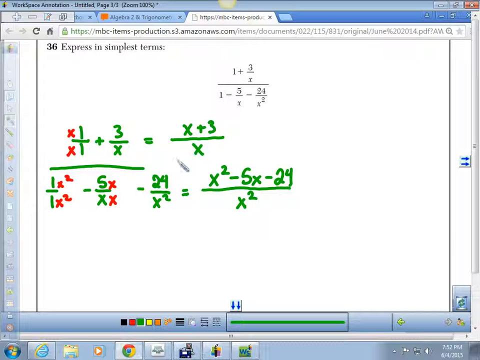So now do I have one single numerator divided by one single denominator? Yes. But we don't divide fractions. We multiply by the reciprocal. So we're going to take this x plus 3 over x and not divide, but multiply by what? X squared over, and what are we also going to do to that x squared minus 5x minus 24 as we're bringing it to the bottom?